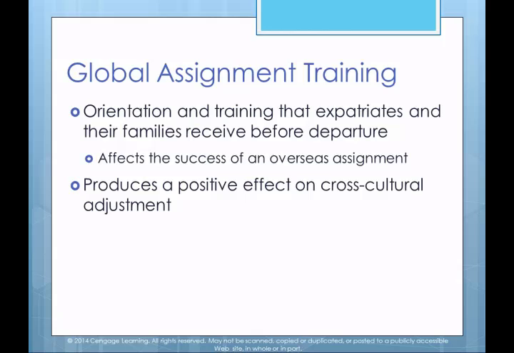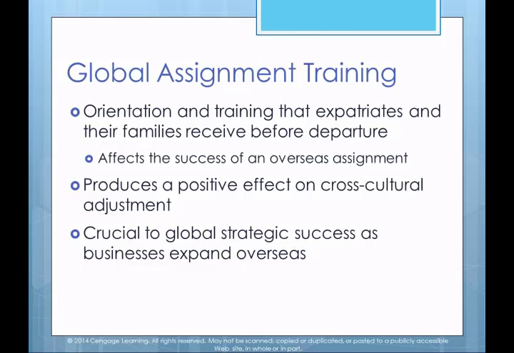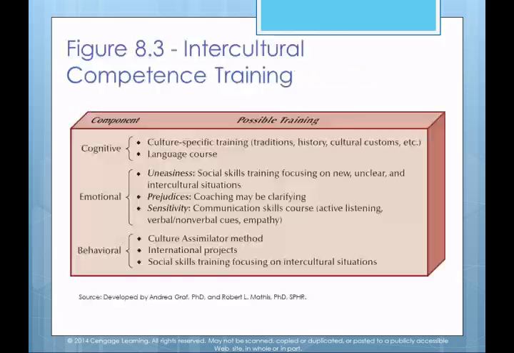It produces a positive effect on cross-cultural adjustment, which is always hard when families are going to other countries. It's crucial to the global strategic success as businesses expand overseas.